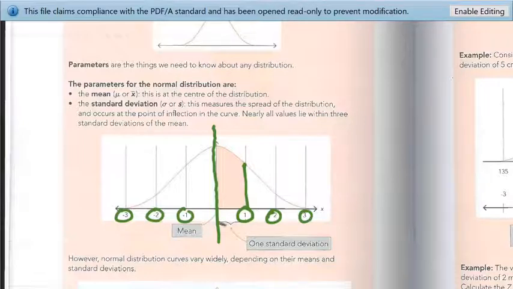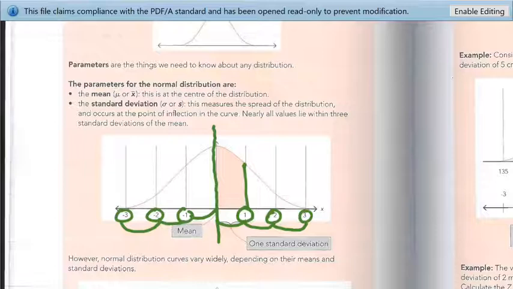So there's 1 standard deviation, 2 standard deviations, 3 standard deviations from the mean to the right. And of course, just like any other number line, we know it's to the right because they use positive numbers. This is still 1 standard deviation, 2 standard deviations, 3 standard deviations from the mean. But since we're on the left, we're below the mean, and that's why we use the negatives to indicate that we're below the mean. Okay?